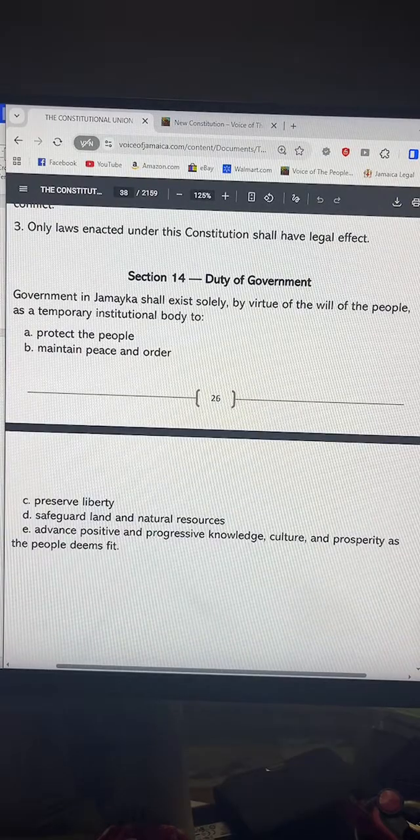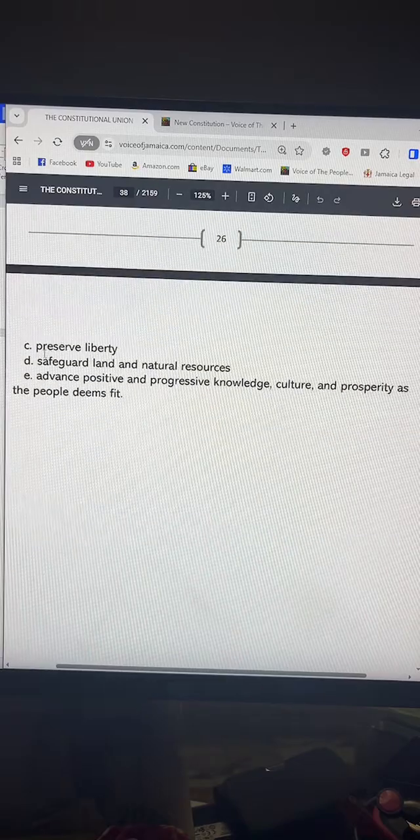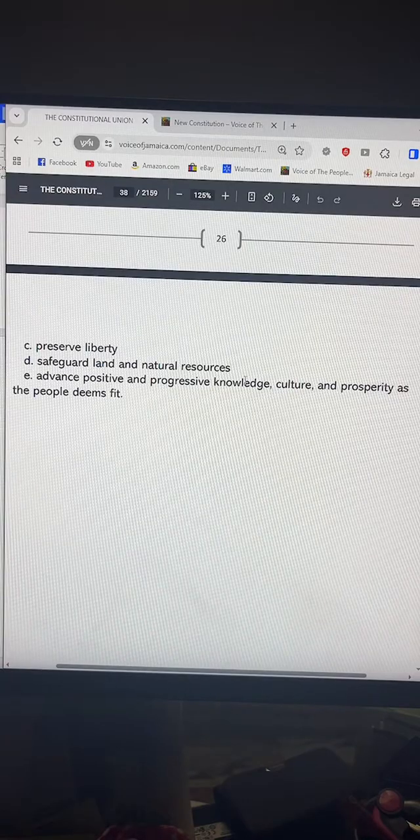Duty of government. Government in Jamaica shall exist solely by virtue of the will of the people as a temporary institutional body to protect the people, maintain peace and order, preserve liberty, safeguard land and natural resources, advance positive and progressive knowledge, culture, and prosperity as the people deems fit.